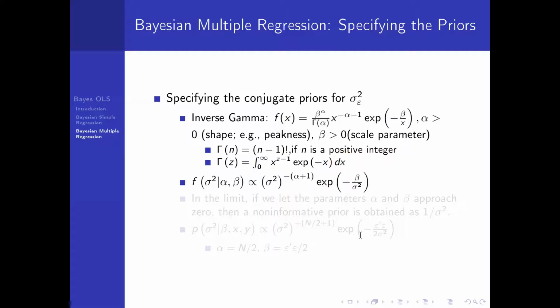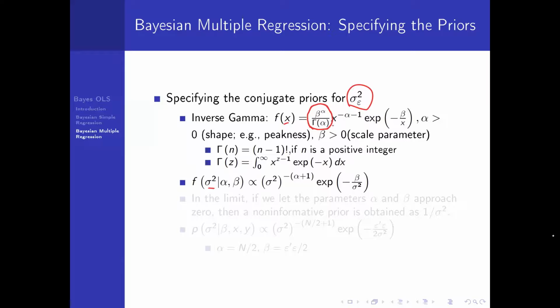So in this case, if we assume sigma square, this variance term, follows an inverse gamma distribution, we should feel safe to drop this leading term because it does not involve the random variable. The random variable here is x, and in our case, the random variable is sigma square.